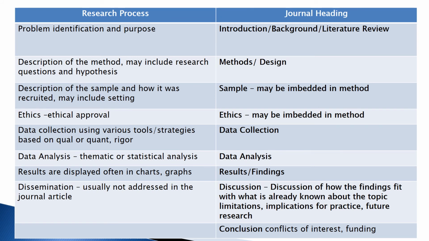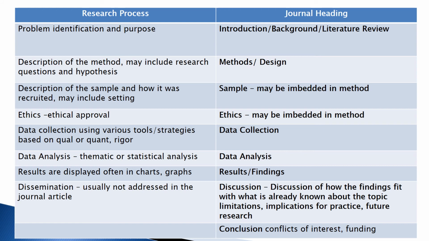So I just made this little chart to try and align the research process with journal headings that you're going to see in the research articles that we're going to explore and you're going to explore in other courses ongoing in your nursing education. And so the problem identification and purpose is usually addressed right at the beginning of the research article.